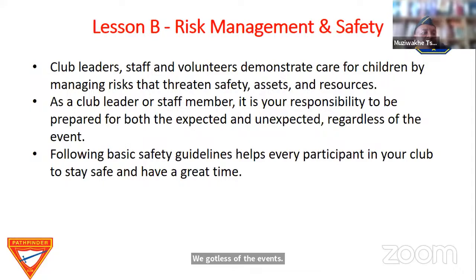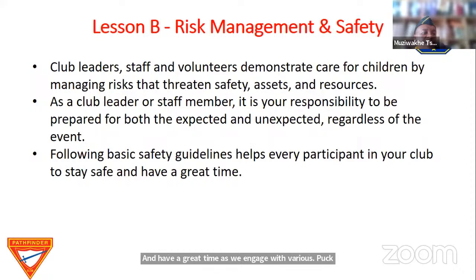Leaders need to follow basic safety guidelines, which will help every participant in your club to stay safe and have a great time as we engage with various Pathfinder and Adventurer activities.